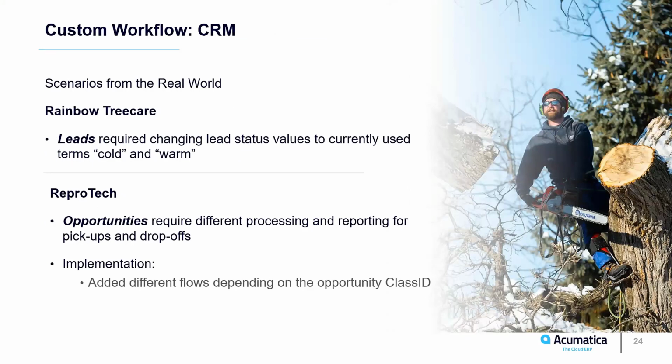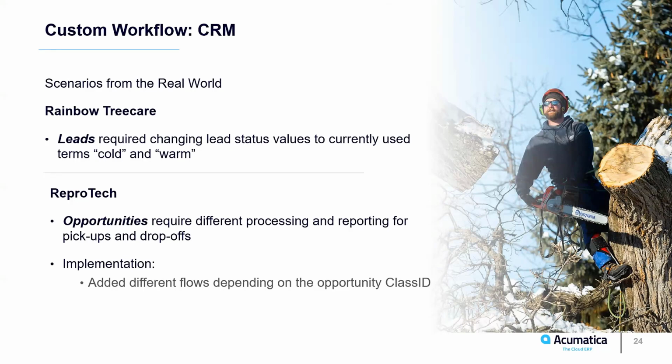In CRM, the salespeople needed to see things a particular way, so they didn't want the lead status terms to be what they were. They wanted to change them to statuses that they were familiar with. And then, once again, here's another example of different flows depending on a class ID, for ReproTech.